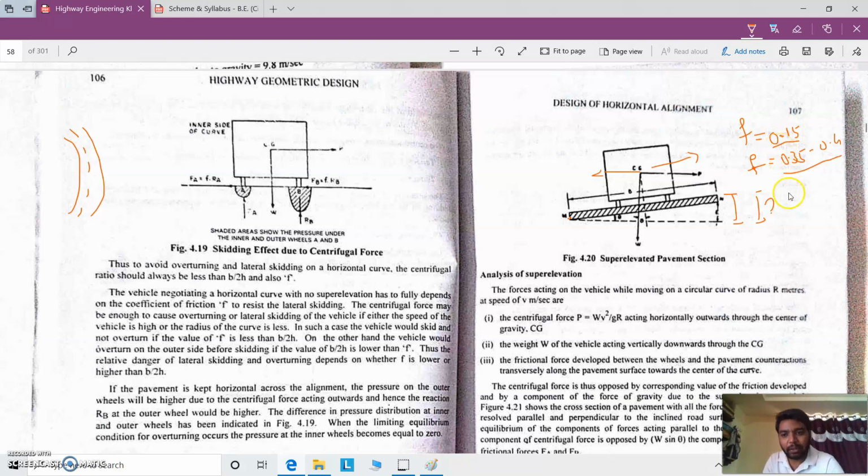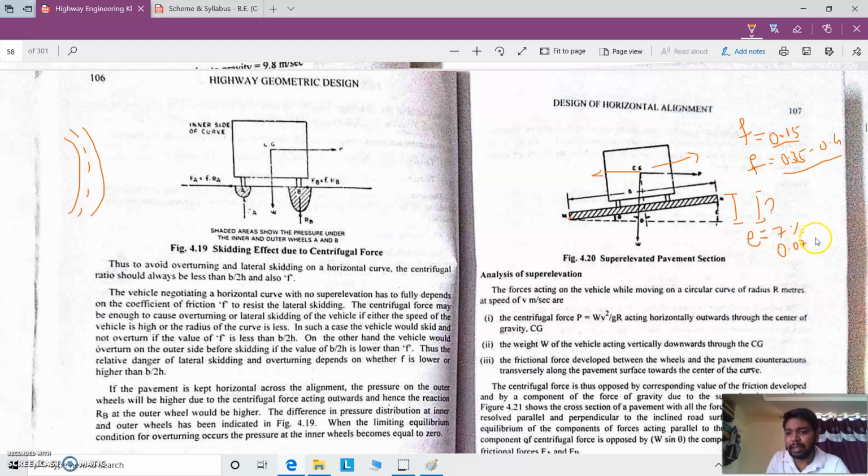And apart from this, for super elevation, the E, that is the rise of the outer edge, is considered to be a maximum of 7%. The maximum super elevation of 7% is recommended by the Indian Roads Congress, that is, 0.07.